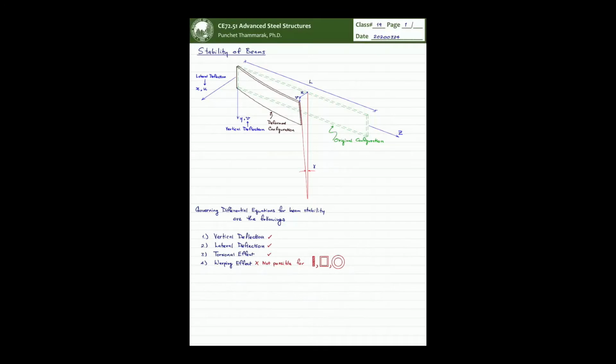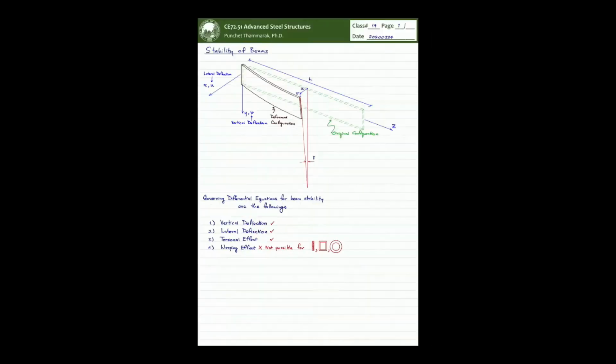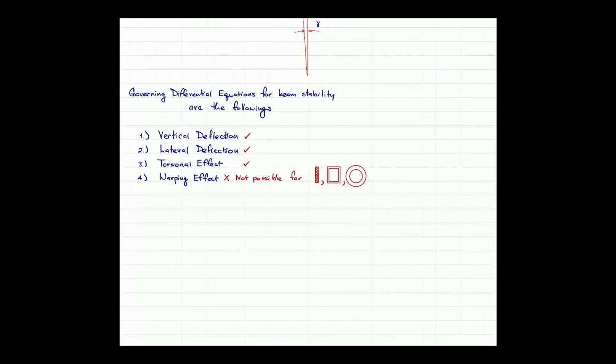Okay, and then we will look at the problem mode by mode, or in 1, 2, 3. That will be one at a time. So first of all, let's consider the deflection in vertical direction.